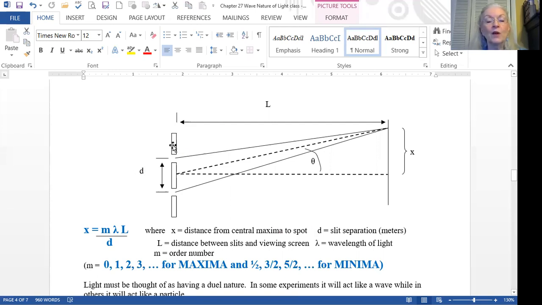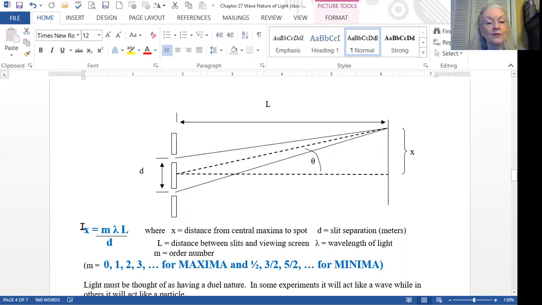The distance between the double slit and the viewing screen is capital L. So this total distance is capital L. And then in the pattern itself, the distance between the central bright spot and wherever we're looking at is X. That's our separation distance between the very middle of the pattern where the central maxima is and whatever place you want to ask your question of. So how far away is X from the central bright spot?